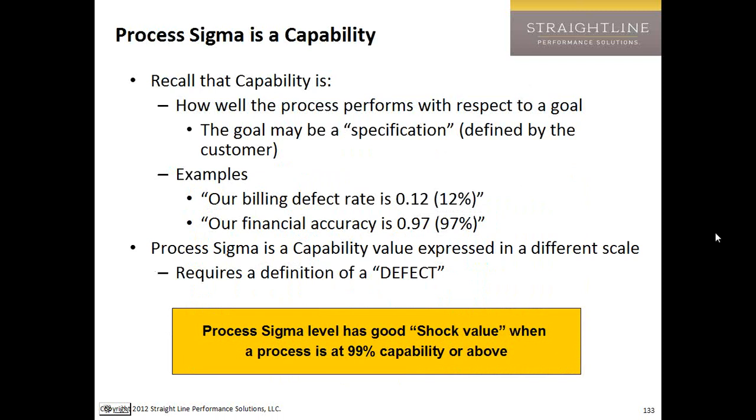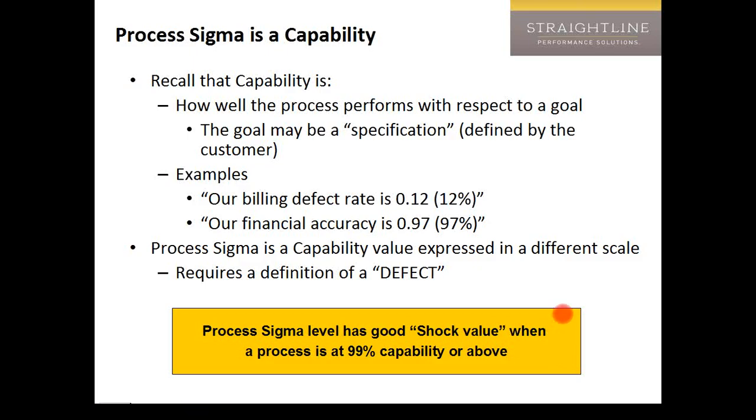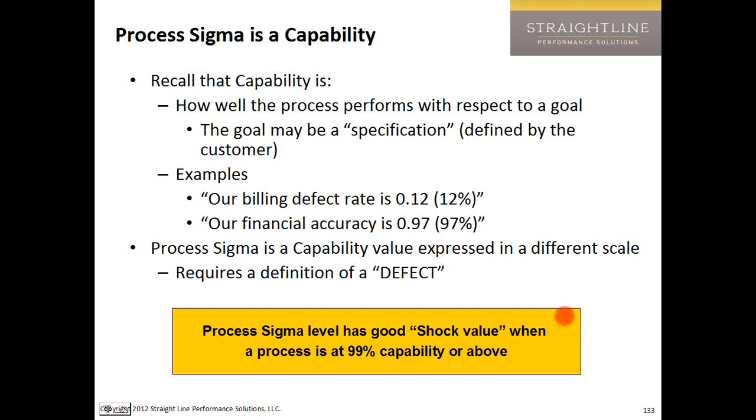What I've done here at the bottom, I just wanted to talk about for a moment. It does one of its really good things. I gave a very firm opinion when we were doing the capability, but I have a very strong preference for simply communicating what percent bad the process is, or what percent of the stuff we are really getting right. DPMO is another way of expressing that, but sometimes when we get to say 99% good, it's very hard for people to think that that 1% is not good enough.